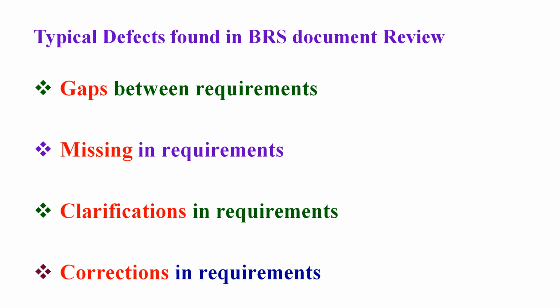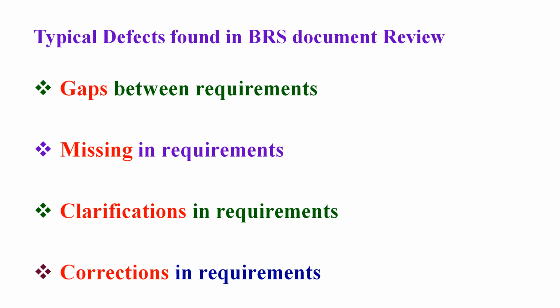Gaps between the requirements, what does it mean? In between the requirements, if there is a gap, then they have to find those gaps. And missing in the requirements: if the requirement is not a complete one, if there is something missing in the requirement, the team members have to find that.